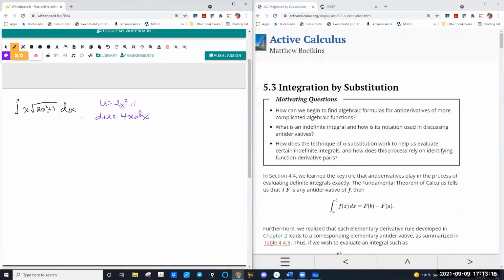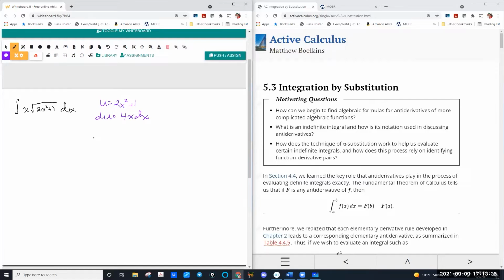Well, I need another x in there in order for this substitution to work. If this had been an x cubed, we probably wouldn't want to use u substitution. So we want to make sure that what we choose for u also allows us to get du in there.